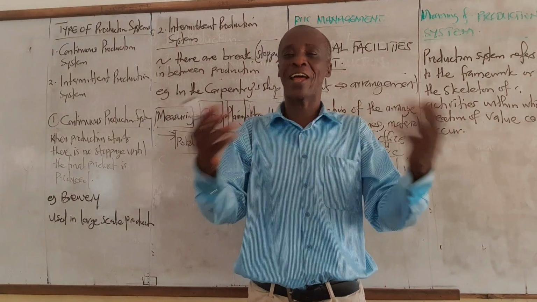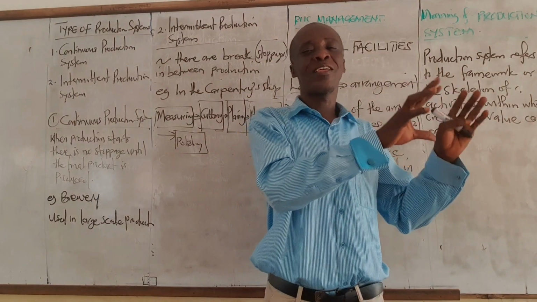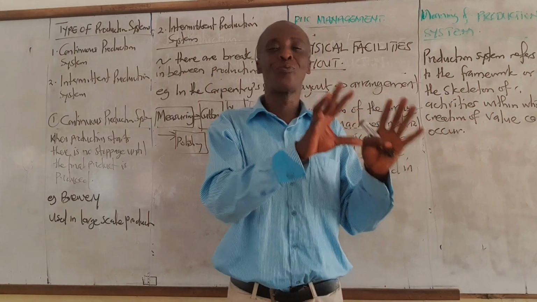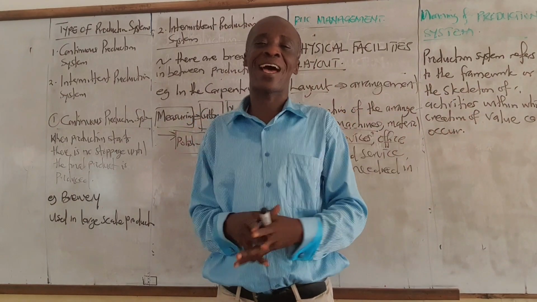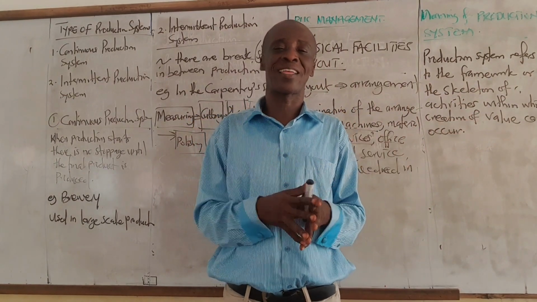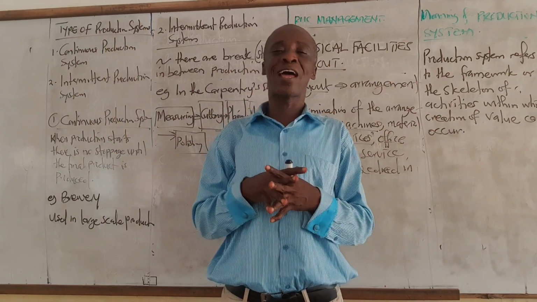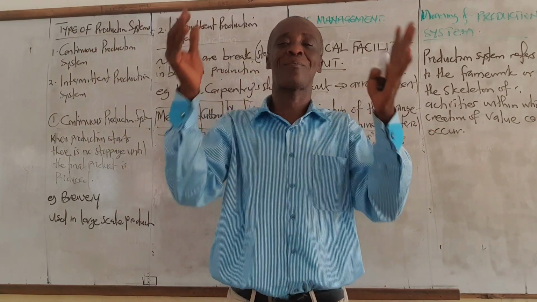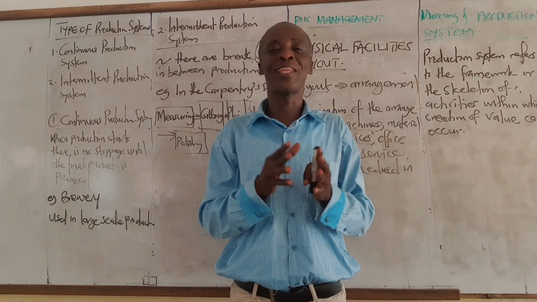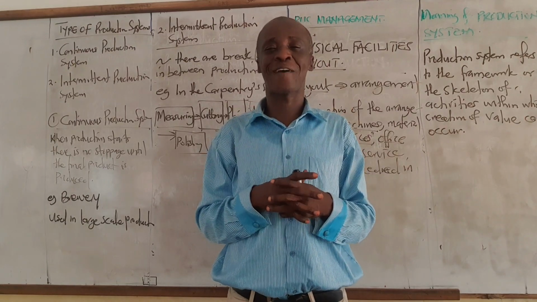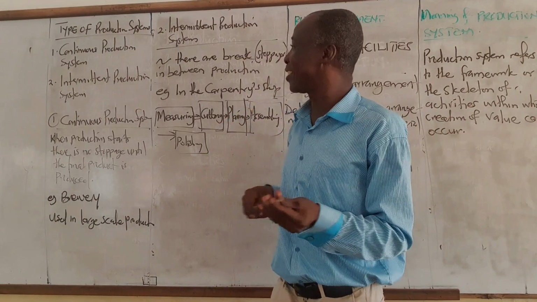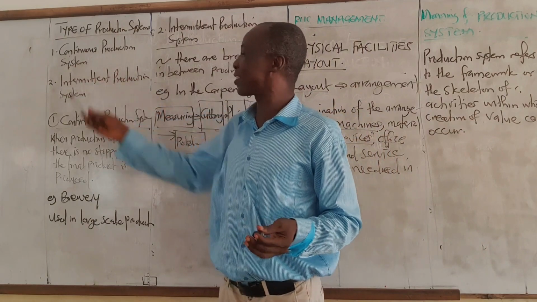There is no interruption. The material will move from one station to another uninterrupted, and then the final product will emerge. It will come out. Yes, so it will be there, and then you see the final product. So that is the continuous production system.